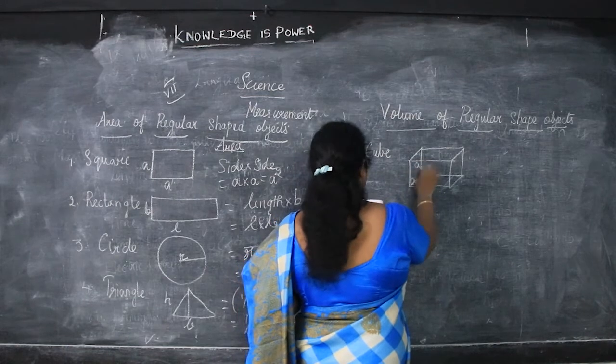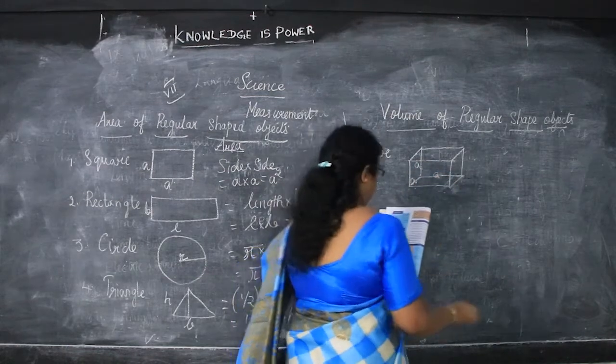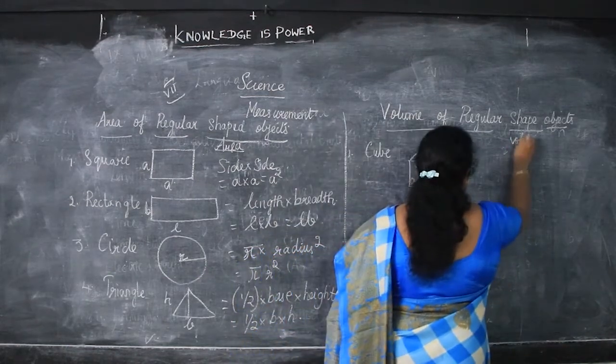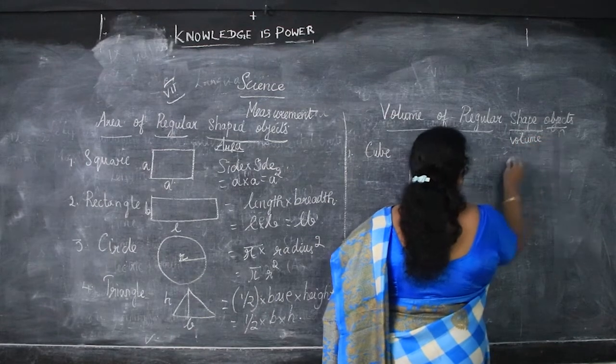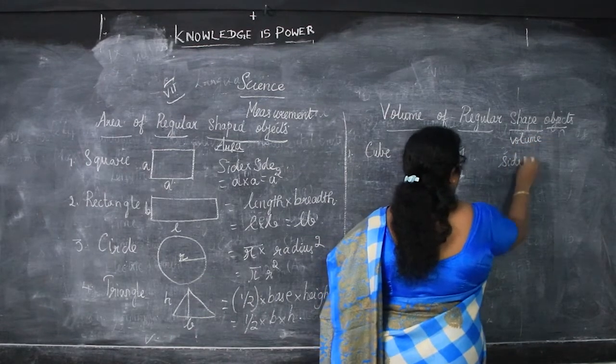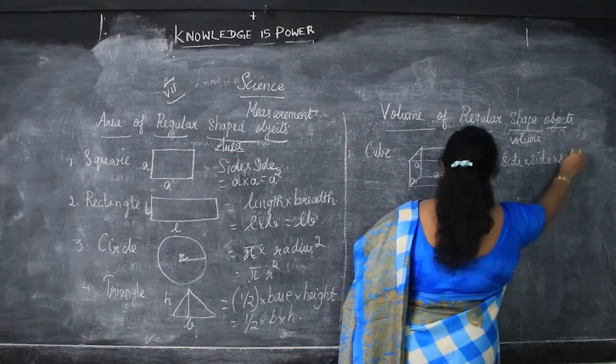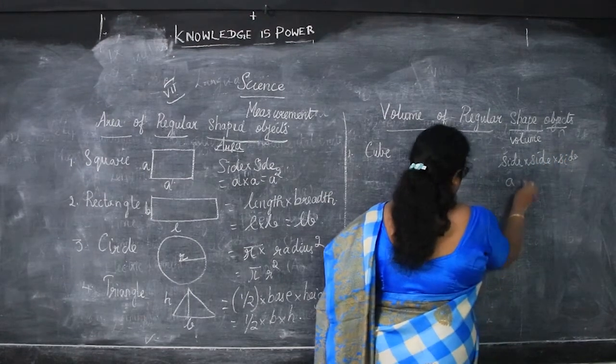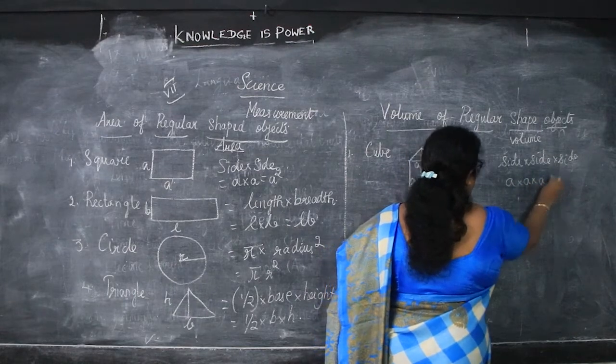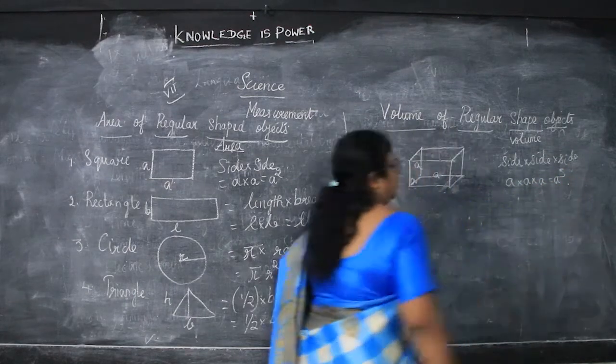A cube is a three-dimensional object. Its volume is side into side into side. That is, a into a into a is equal to a cube.